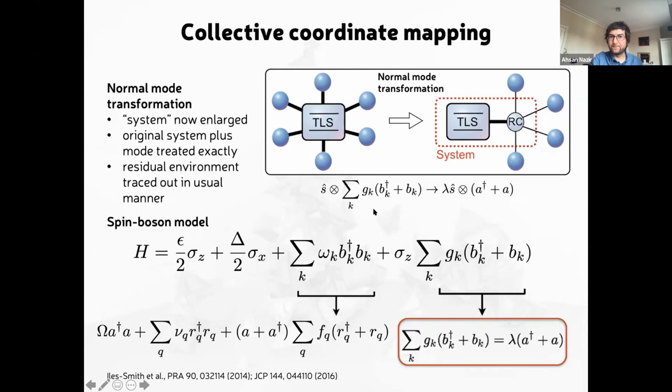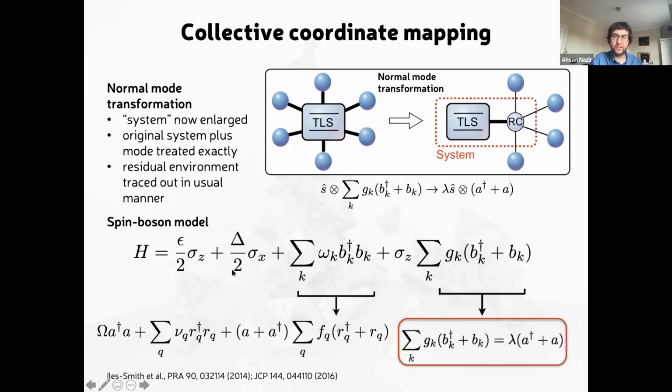So from a perspective of the Hamiltonian, we've got some term that couples the system linearly to the bath, and that is then mapped to a term where the system now couples only to a single collective mode, with that mode being defined by the normal mode transformation on the original environment. So for something like the spin boson model, which is a model obviously that we come across frequently, particularly in open quantum systems and in quantum thermodynamics as well, this is the way the mapping acts.